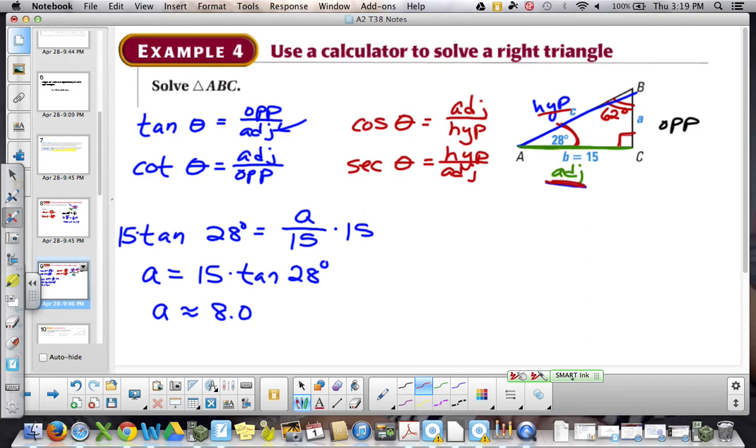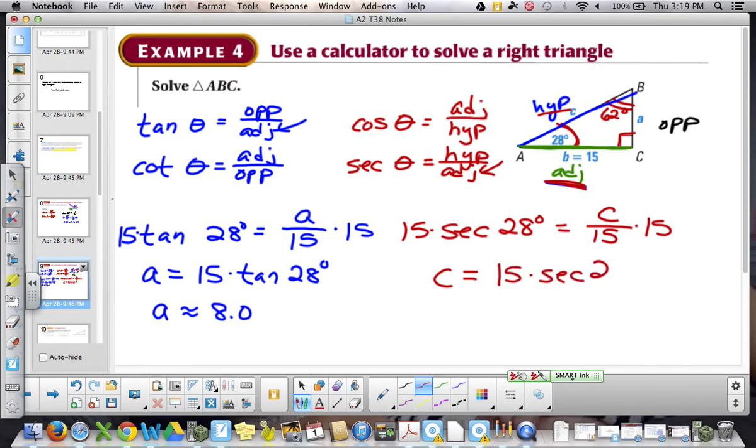Since we know the adjacent, let's use the secant to solve for this. So we have secant of 28 degrees equals C over 15. So to find C, we're going to multiply by 15 on both sides and get C equals 15 times the secant of 28.